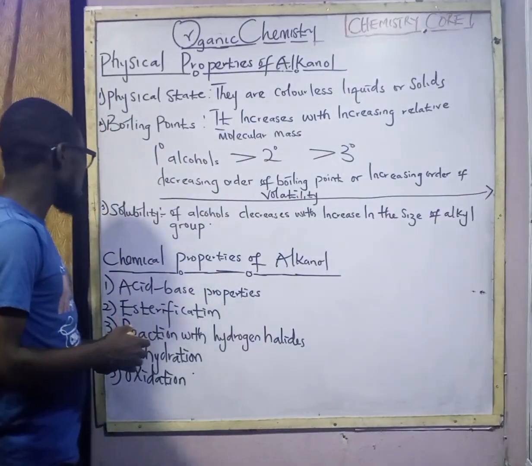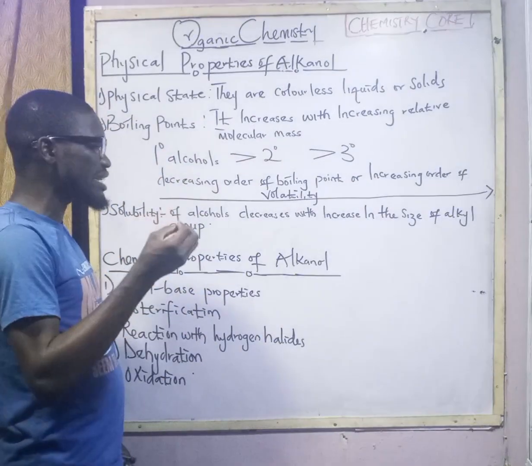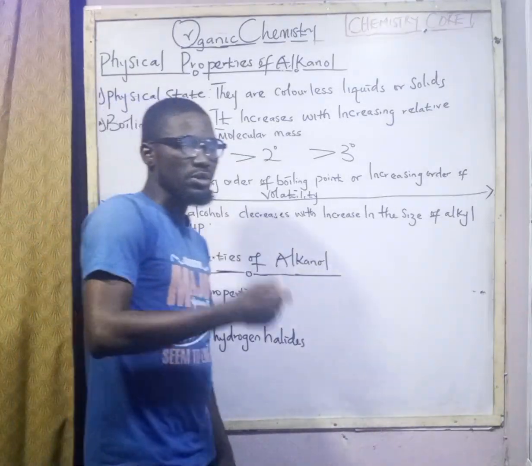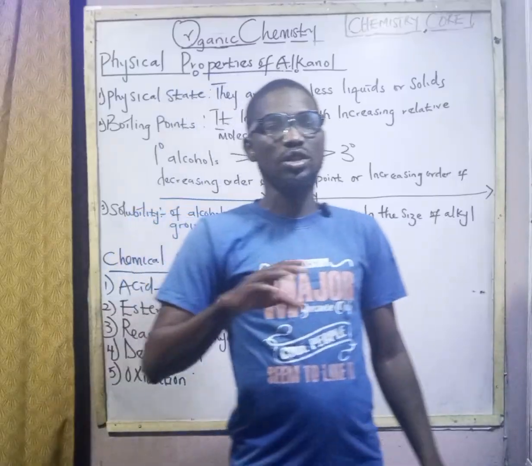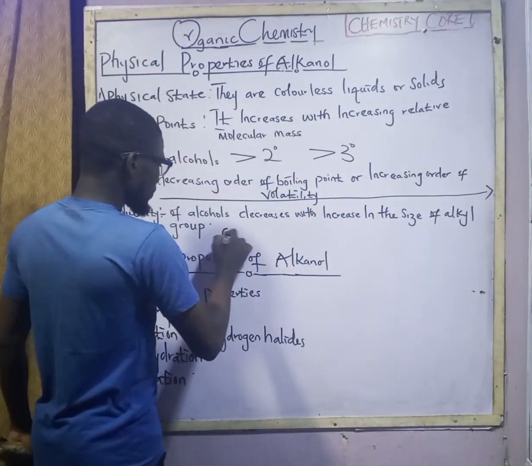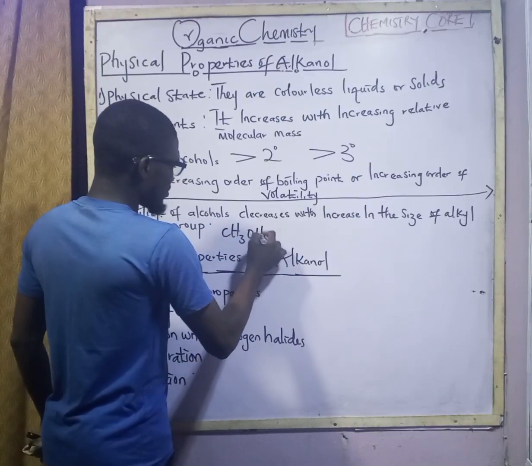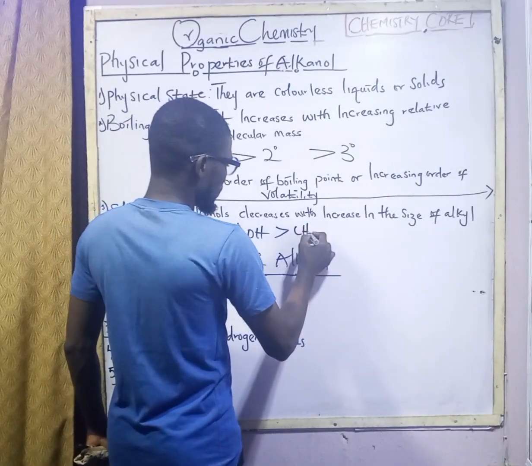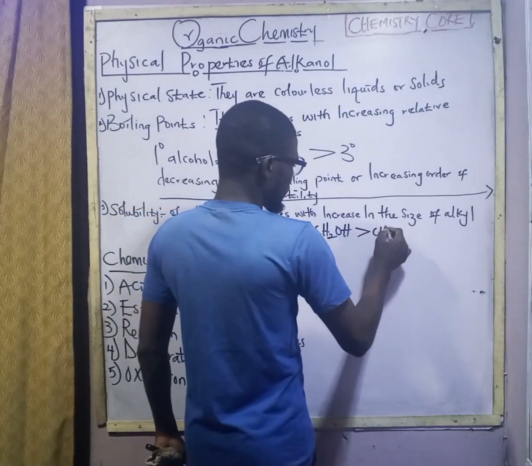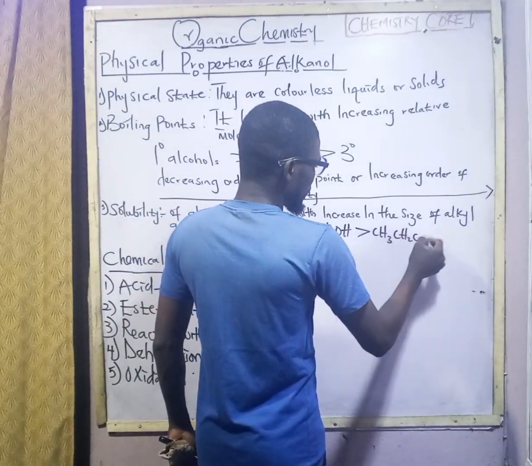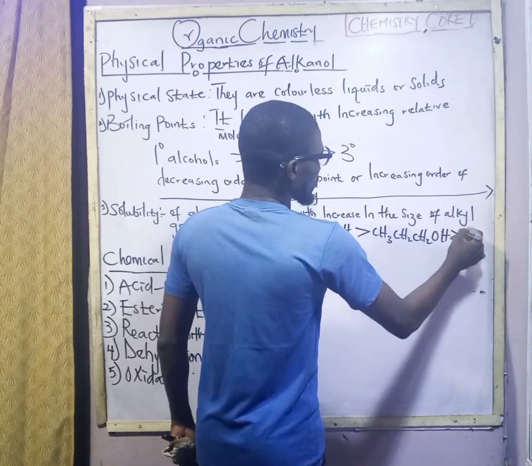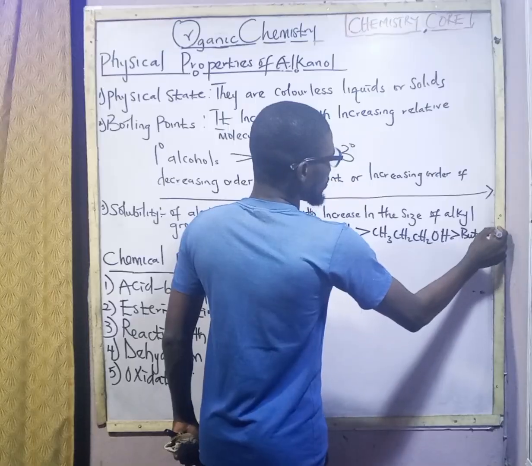The third one is solubility of alcohol decreases with increase in the size of alkyl group. What does this mean? Under the solubility of alcohol, we have methanol, ethanol, propanol, and butanol.